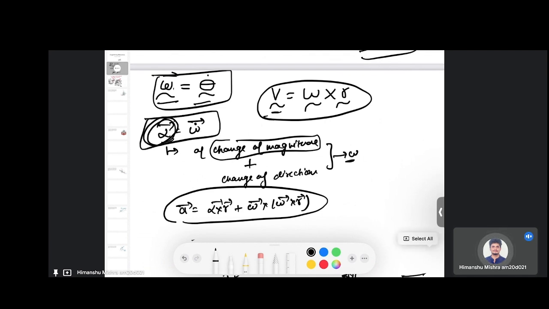So all these expressions we have already used to solve problems in the previous classes. And in this class, we will solve similar problems by using this vectorial notation and in the three-dimensional system.